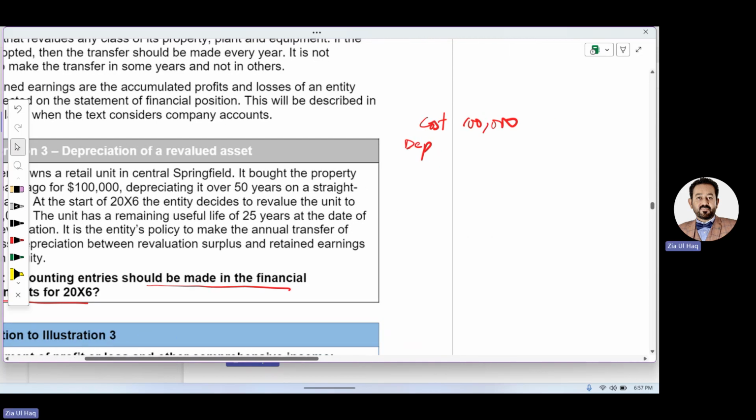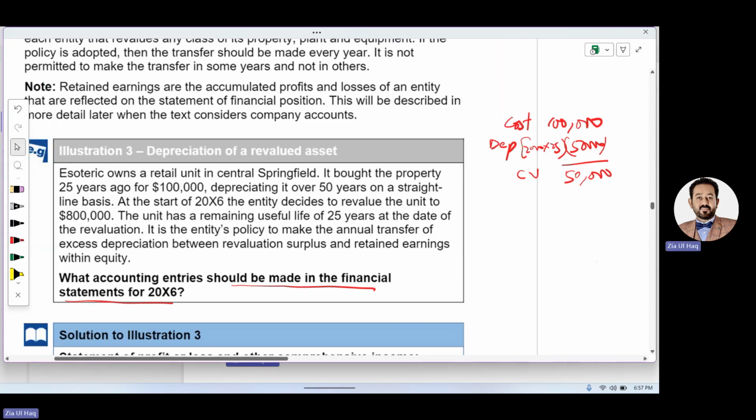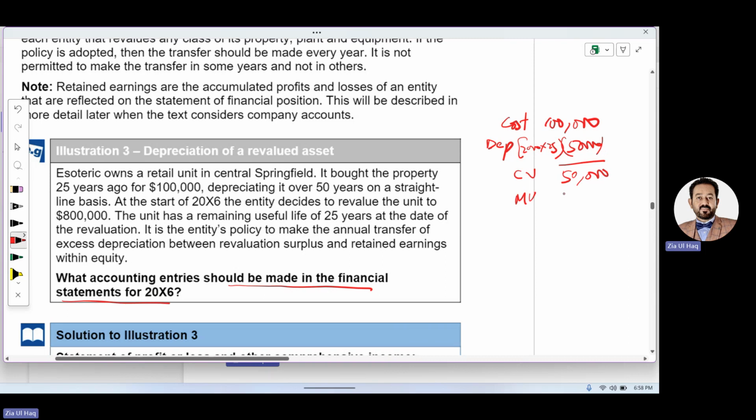How can we calculate the depreciation per year? 100,000, there was no residual value, divided by 50 years, becomes 2,000. So 2,000 times 25 becomes 50,000. So the carrying value is 50,000 and the market value is 800,000. So there is a revaluation surplus of 750,000.